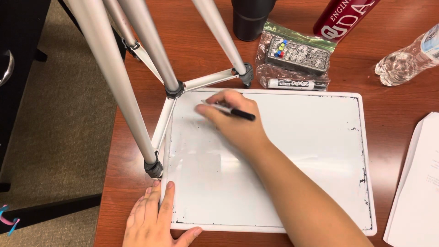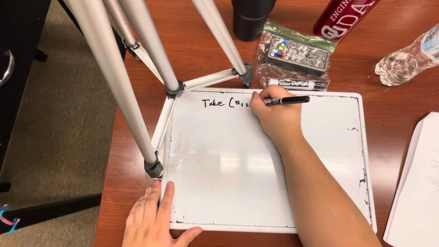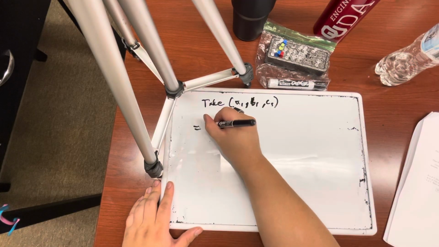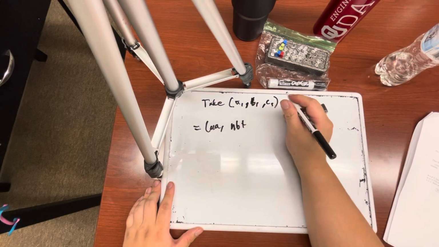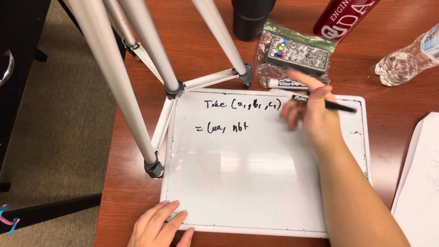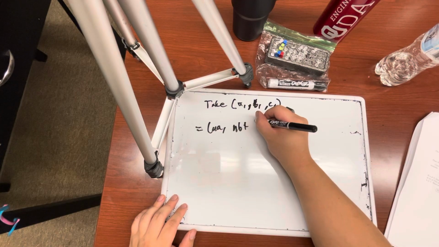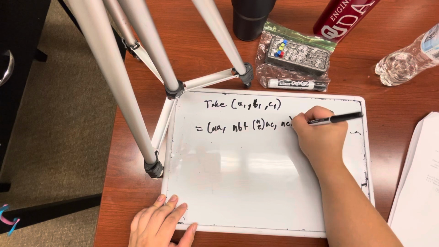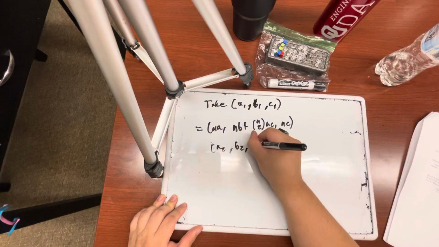Now, let's take A sub 1, B sub 1, C sub 1, what do we get? That equals na, nb plus the combination of n and 2 times ac, nc. Okay, how about for A sub 2, B sub 2, C sub 2?